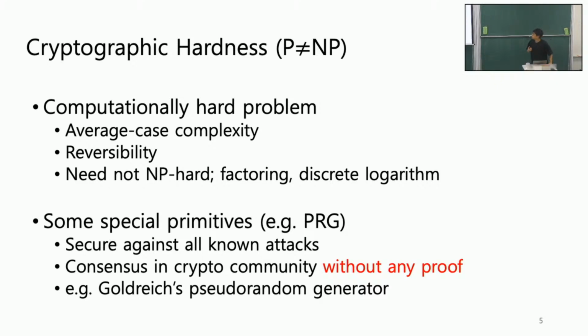Factoring and discrete logarithm are contained in the NP class, and also in co-NP, so these problems are contained in NP intersection co-NP. If any problem in NP intersection co-NP is NP-hard, then it implies NP is equal to co-NP.